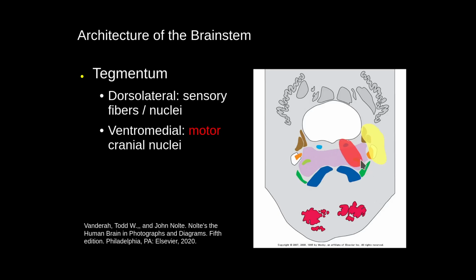As you go closer to the middle, like those voluntary cranial nerve nuclei, these are what moves. So everything inside your heads, your eyeballs, your cheeks, your facial expressions are all located close to the midline.